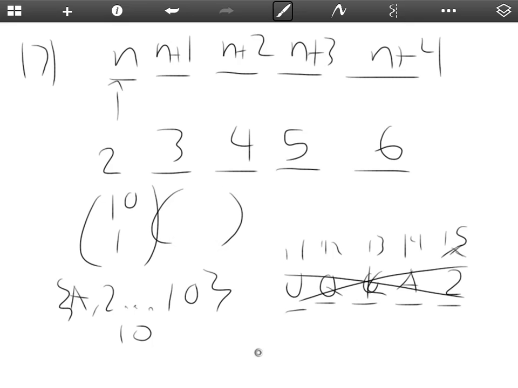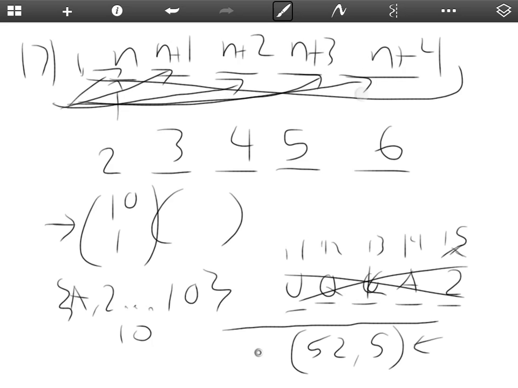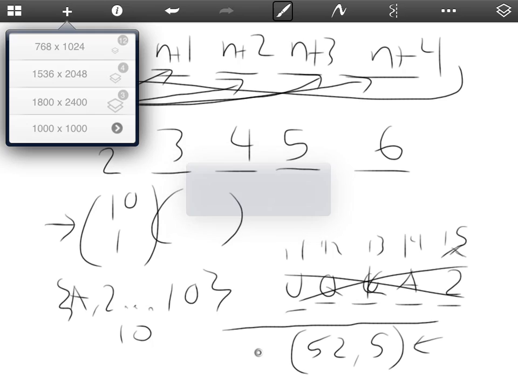Now that we've picked our straight out of 52 choose 5, all divided by 52 choose 5, out of this giant set, we've picked a straight. But we still need to determine the suits of all 5. So this is getting kind of messy. So let's do a new slide.